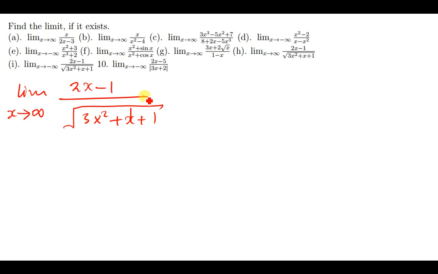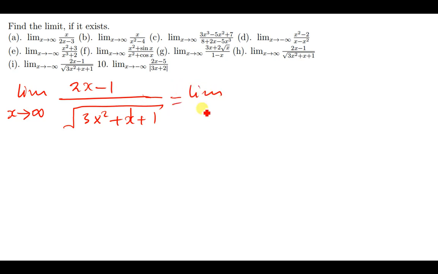If you have this, then you are going to divide everything by x, because x is the highest power in this case. If you want, you can say the square root of x squared, which is just the same as x. So when you do that division, we'll have something like this.